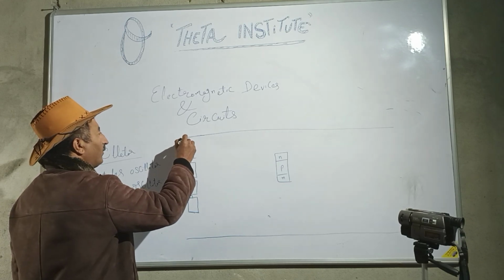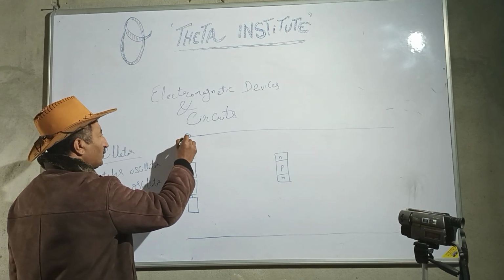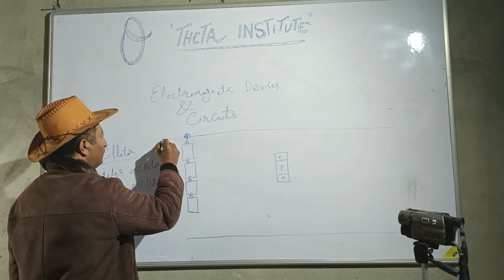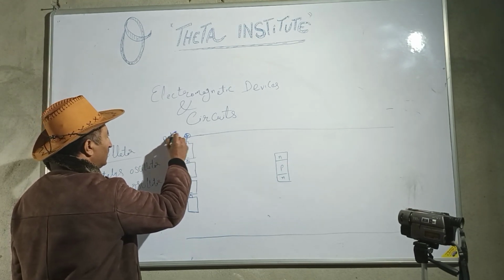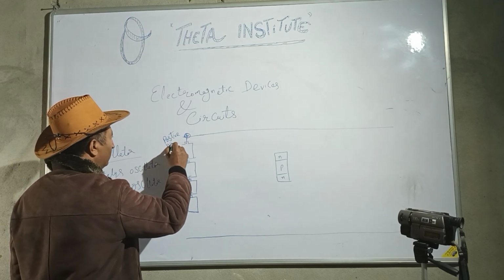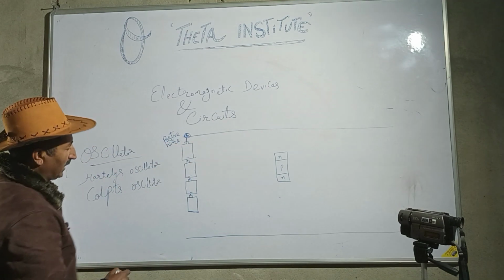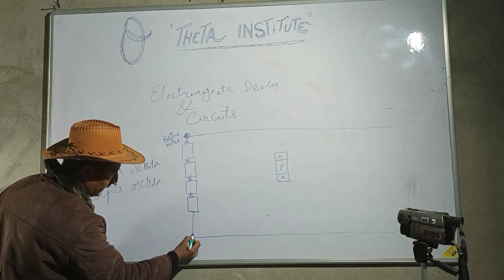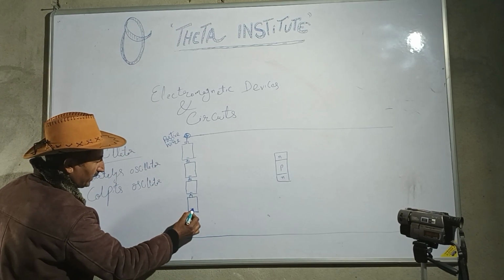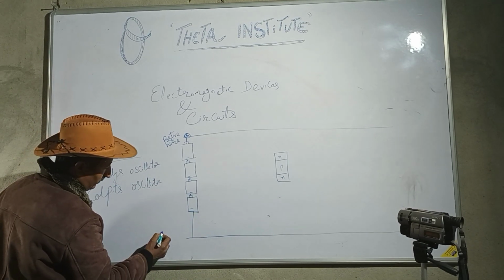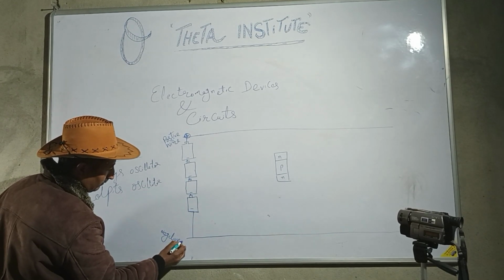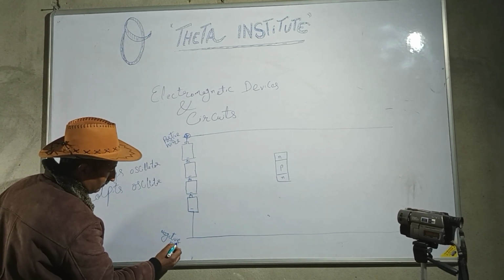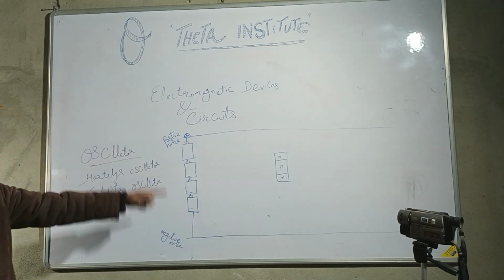Positive we have connected here. This is positive. This is positive. Positive wire. And this one is negative wire because we have connected it to negative. Positive wire and negative wire.